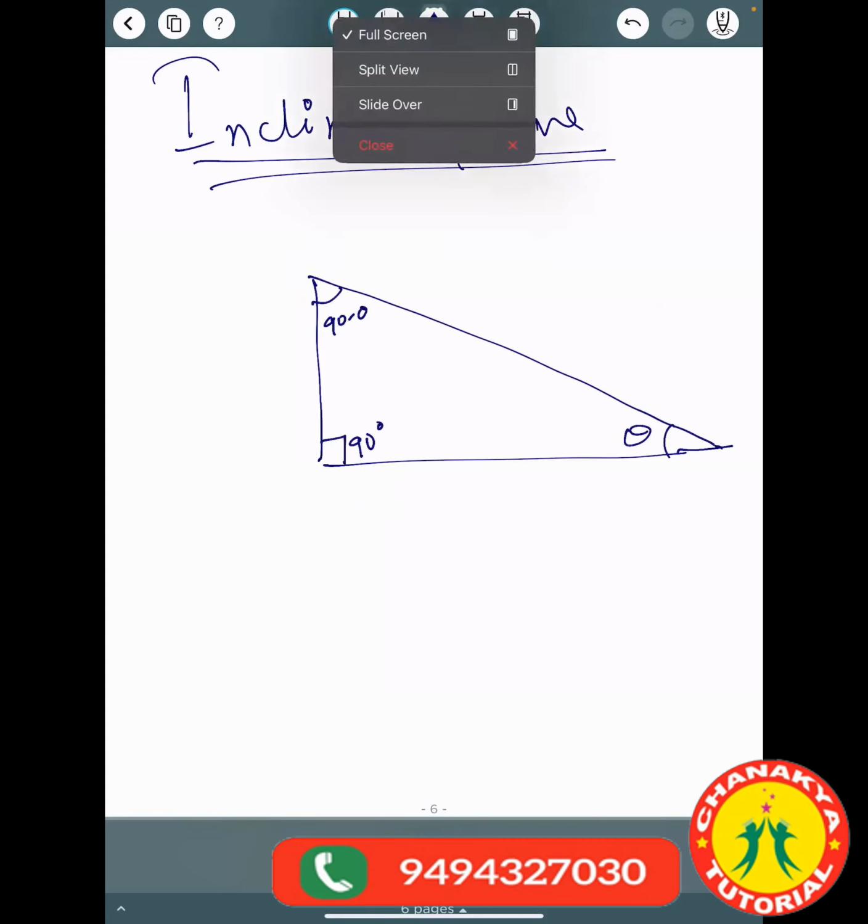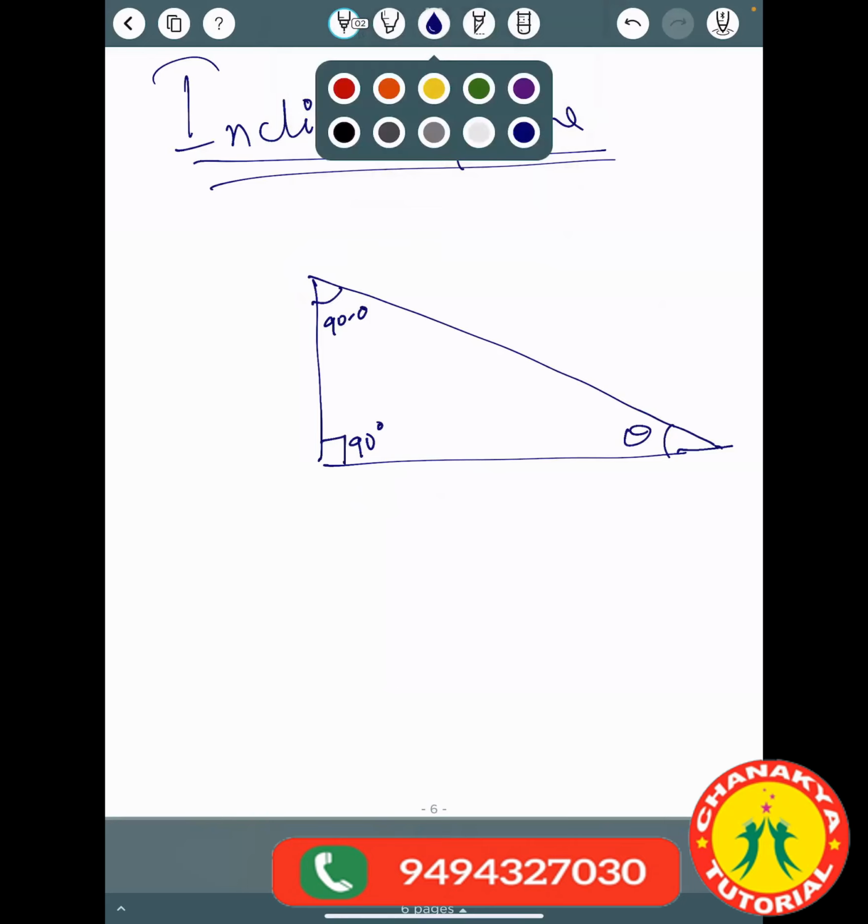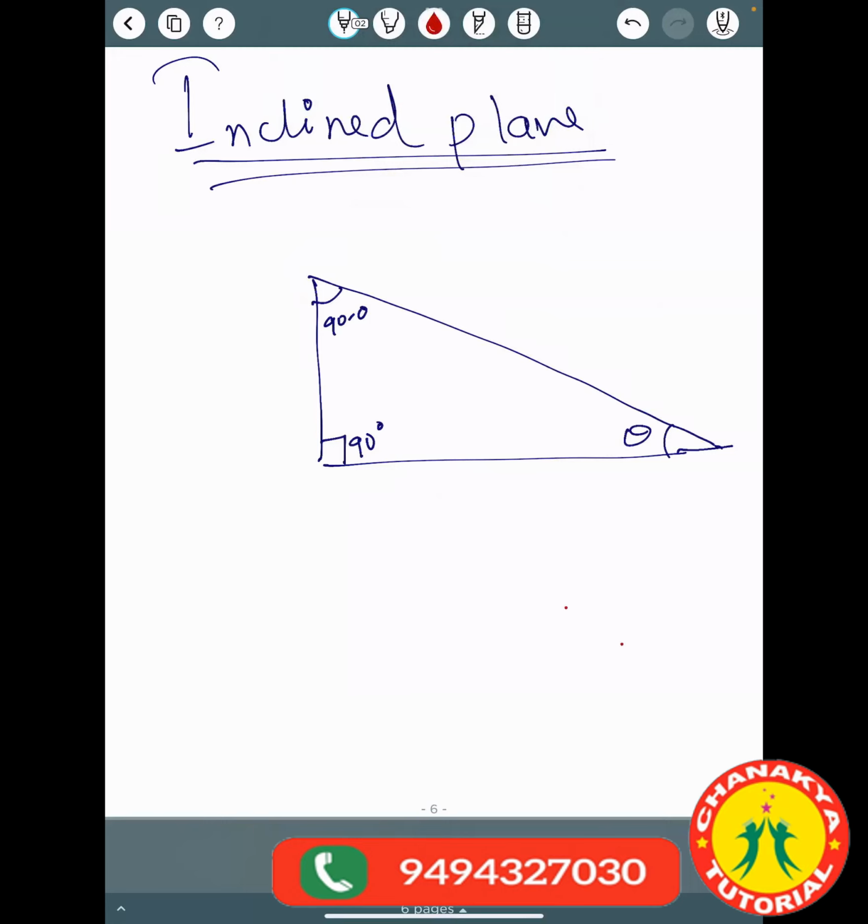So I will assume the inclined plane itself as the x-axis and perpendicular to that the y-axis, right? Because if we are sitting on ground, we always say this is my x-axis, this is my y-axis. Similarly, now you are sitting on the incline, so the inclined surface will be the x-axis, and perpendicular to the incline will be the y-axis. Any doubt?